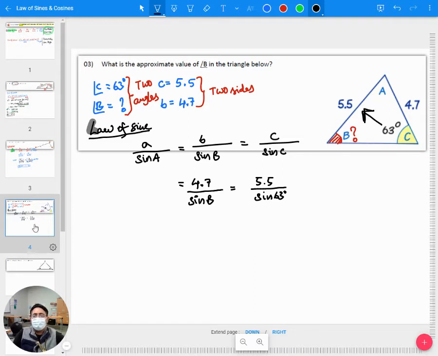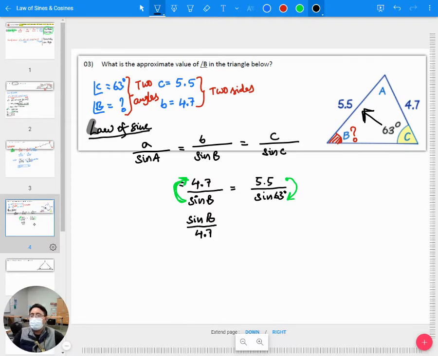At this point, you may go for cross multiplication, or else I suggest you swap these two. That means you take the reciprocals of both the fractions. Then what happens is sine B goes to the numerator and 4.7 comes to the denominator.